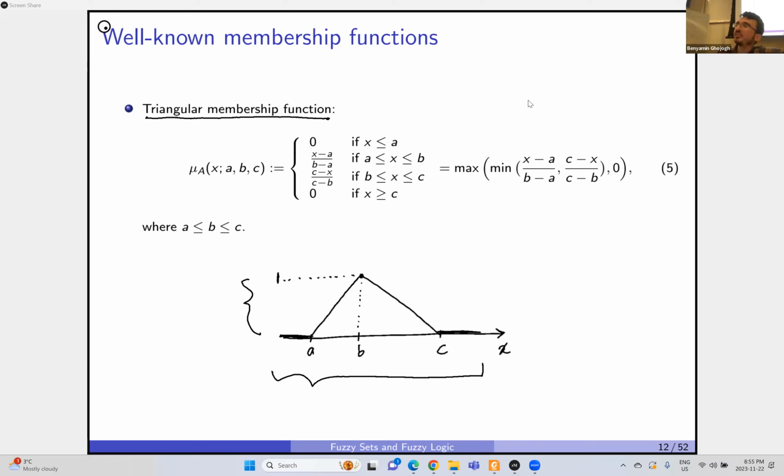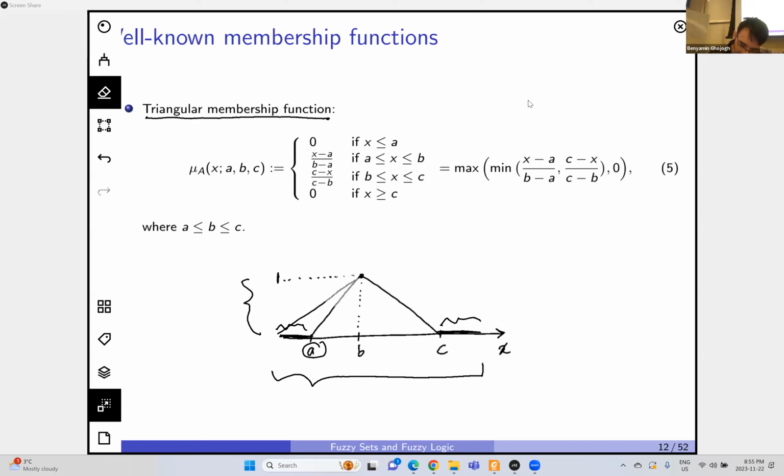This is the whole domain of X. We might have some 0 memberships or might not, depending on A and C. If you set A to be the start of the domain, then you will not have this part. It will start from here, right? So you have 3 values, A, B, C, to represent this triangle.